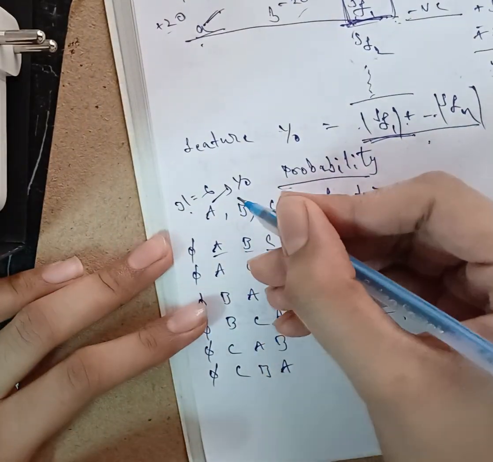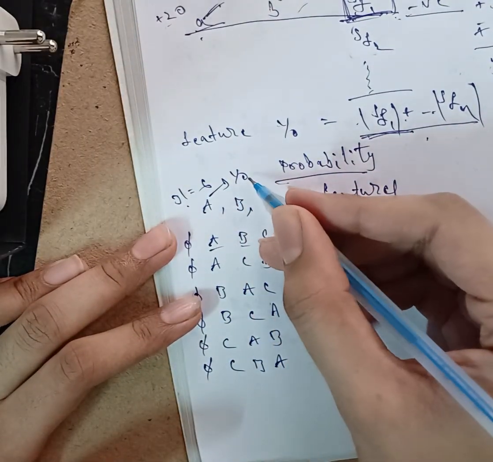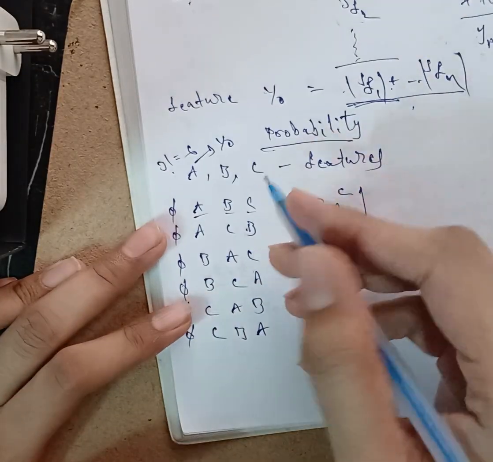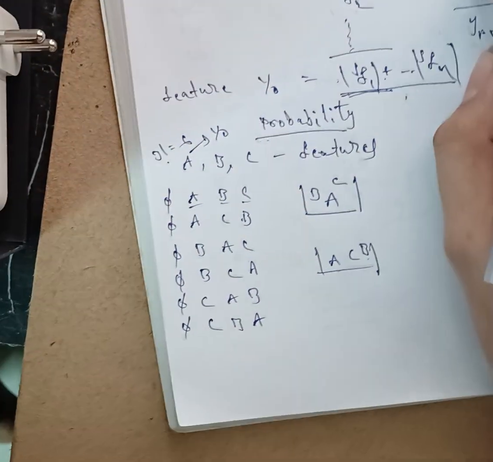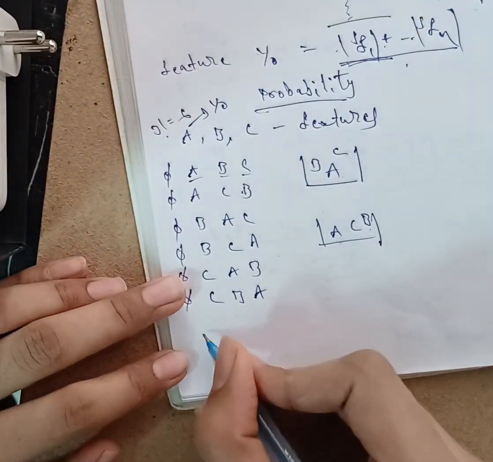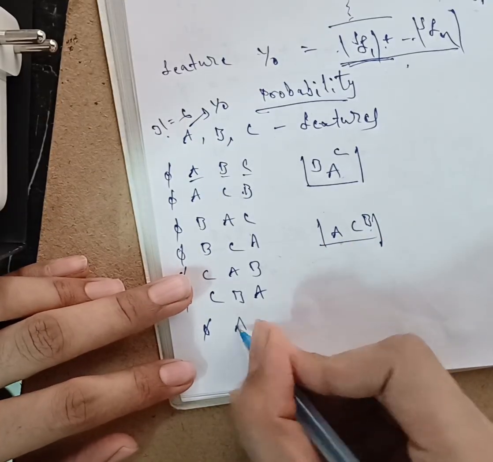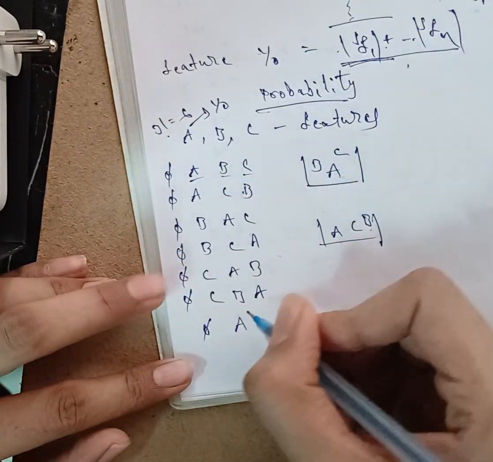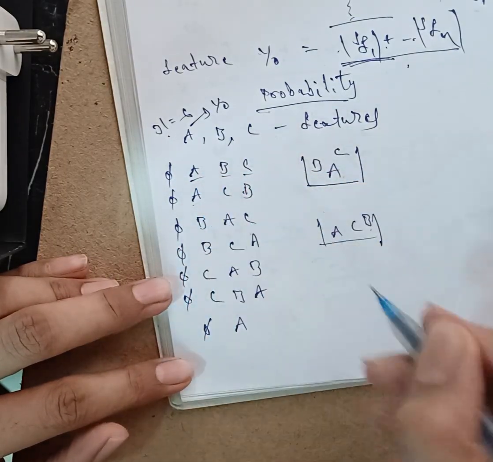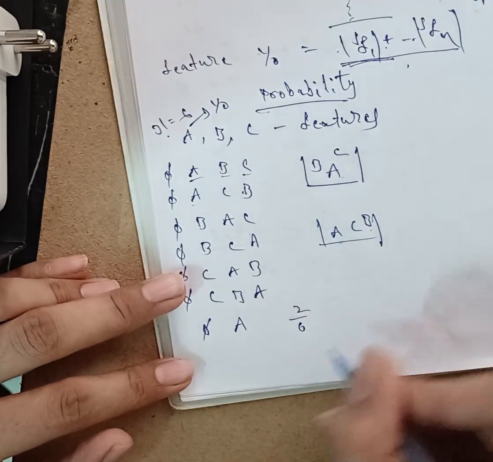Now initially let's say we have nothing, what is the probability that the next feature is a? These are all the different permutations, right? So let's say we have nothing, and after that a came 2 times. So out of 6 permutations, 2 times, this is the probability.